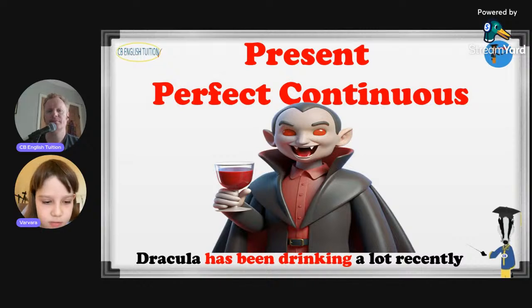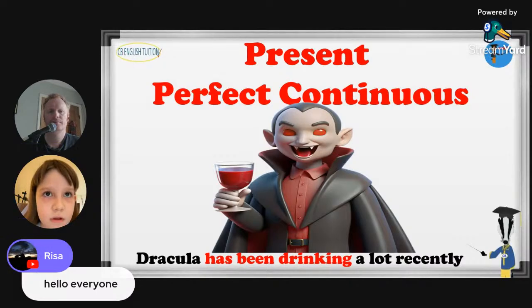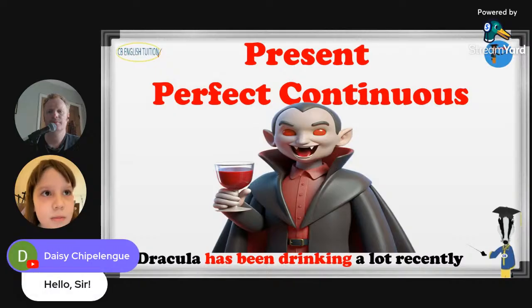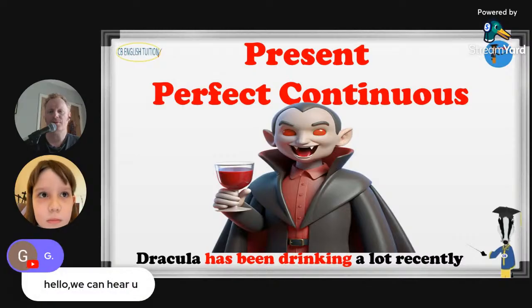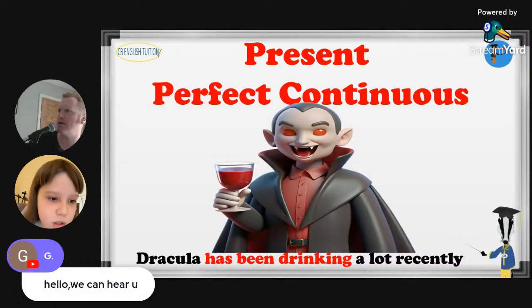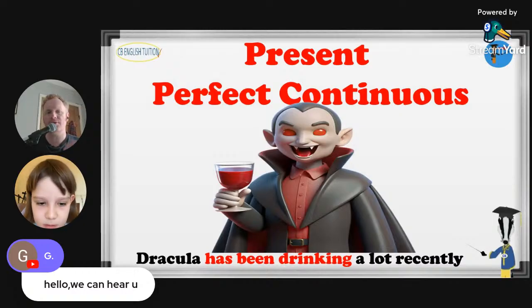I remember that we need to use have and has plus past participle. Yeah. So that's how we make it. It is for talking when we want to talk about the present and the past together.